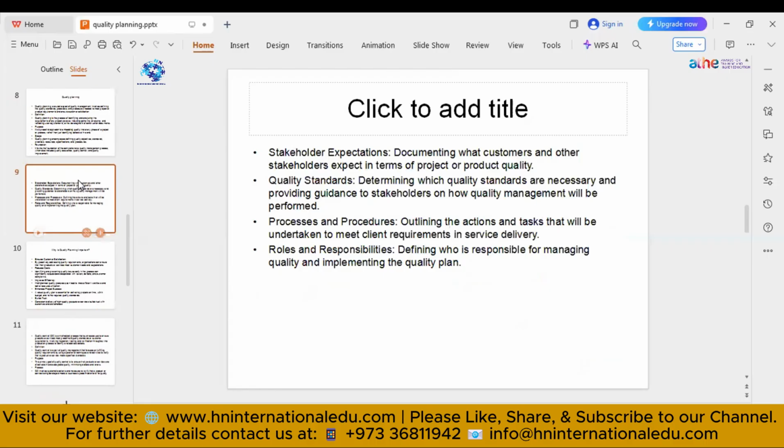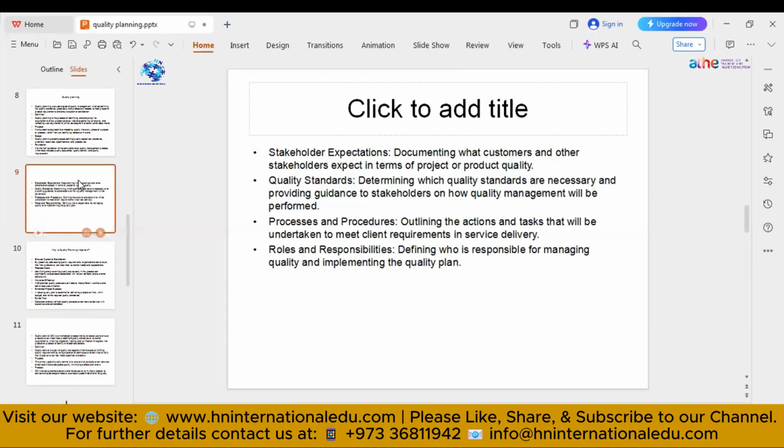Like we know that there are different stakeholders and their expectations are different. Your employees are also your stakeholders, your customers are also stakeholders, so their expectations are different. They want a good quality product, and some have other expectations, other interest in the company's project.